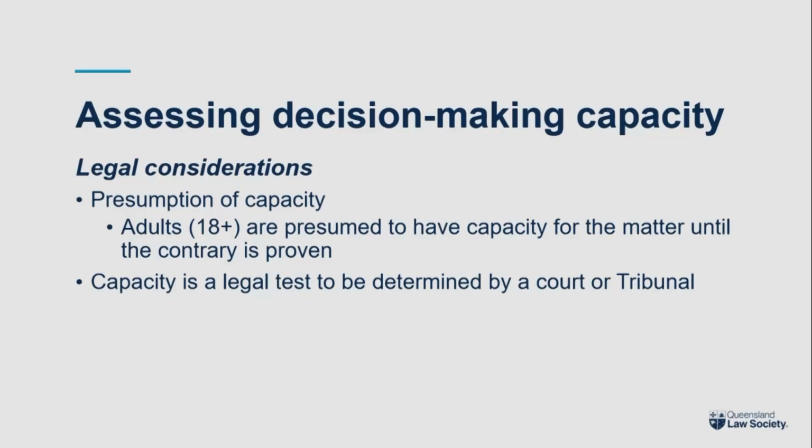And what are some of the legal considerations when assessing capacity for decision making? Well, firstly, it's applying the presumption of capacity. So once 18, and Tony mentioned that before, once 18, we're all presumed to have capacity as adults.